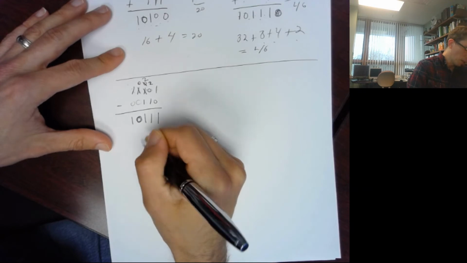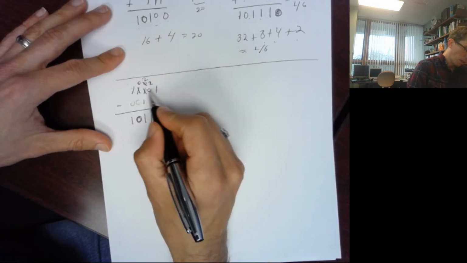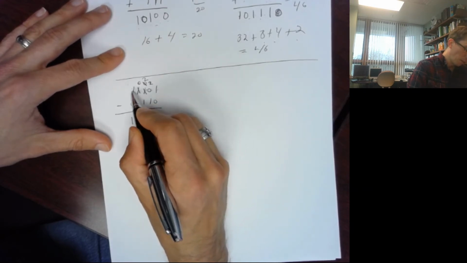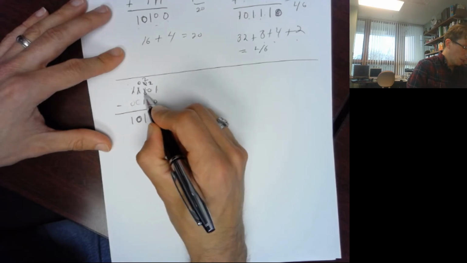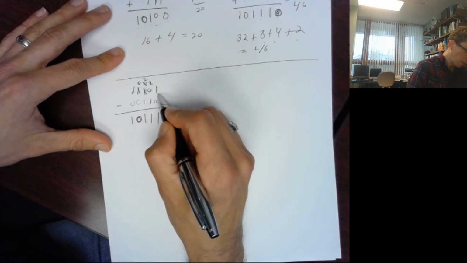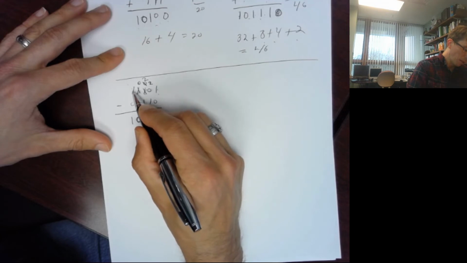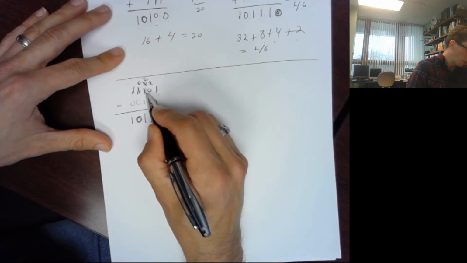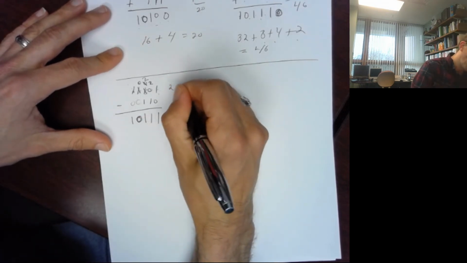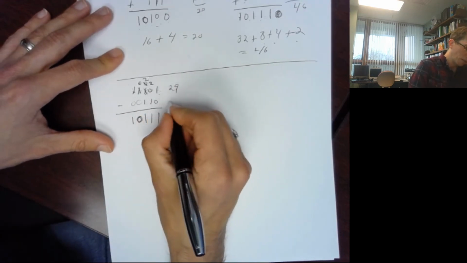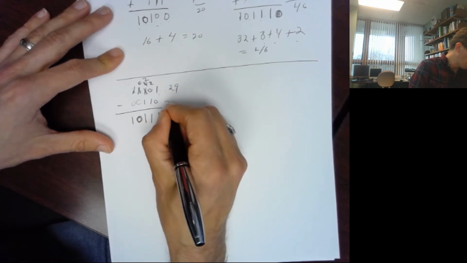Right? So let's check. So we got 0, 1, 2, 3, 4. So 16, 20, 24. Let's see here. 16, 8, right? 0, 1, 2, 3, 4. 16, 24, 28, 29, right? Yeah, sorry, my bad. And then we have 6 here.